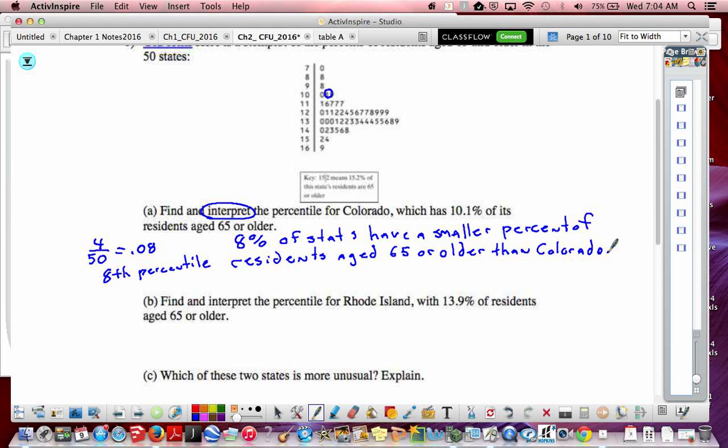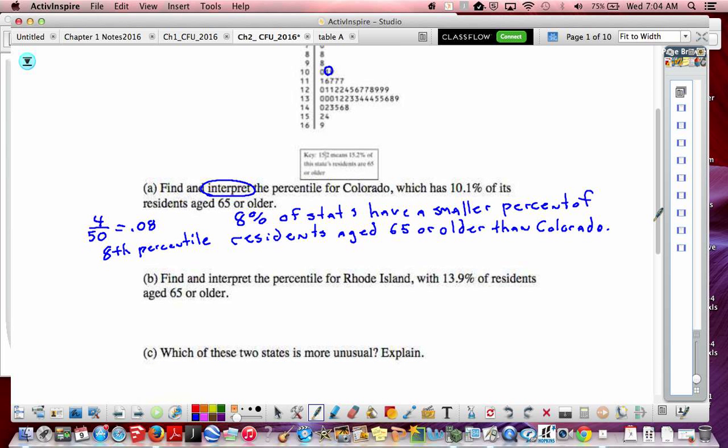All right, so B asks you to do the same thing for another state. It says find and interpret the percentile for Rhode Island with 13.9% of its residents age 65 or older. When I look at 13.9%, we're talking about this value.